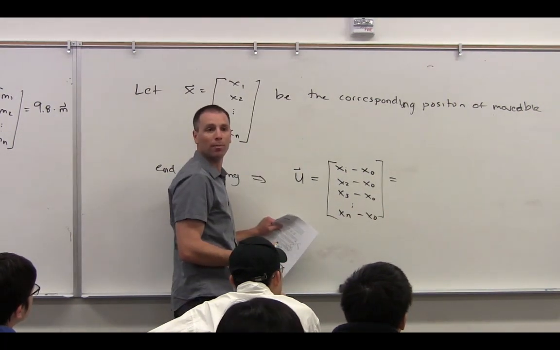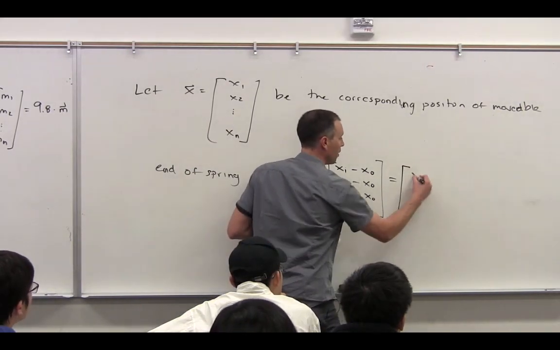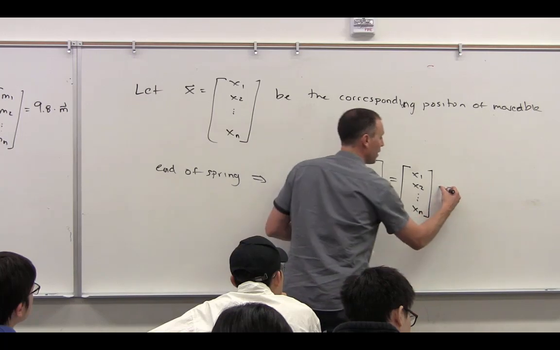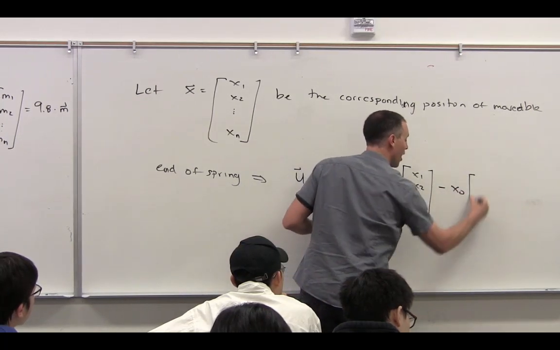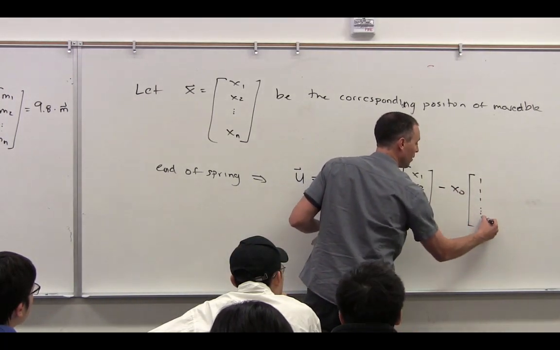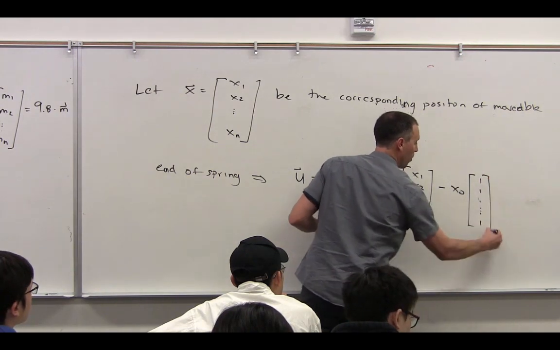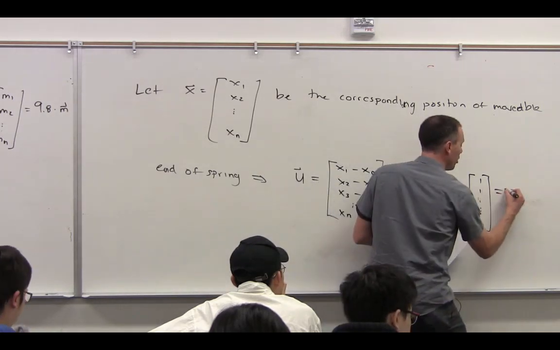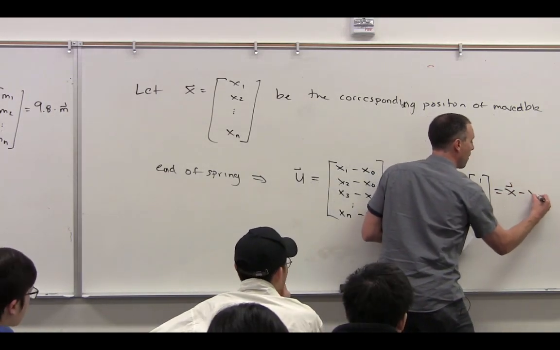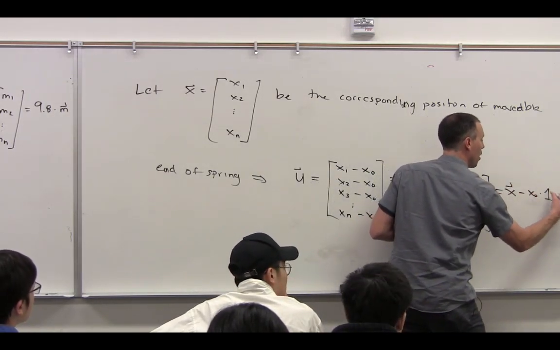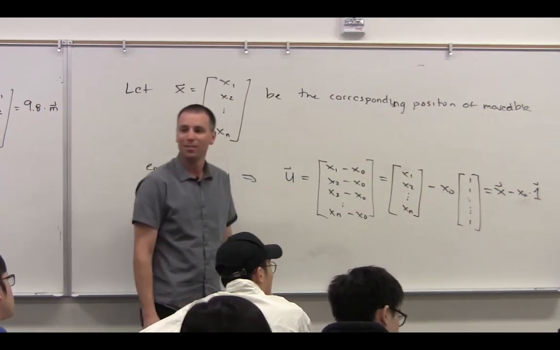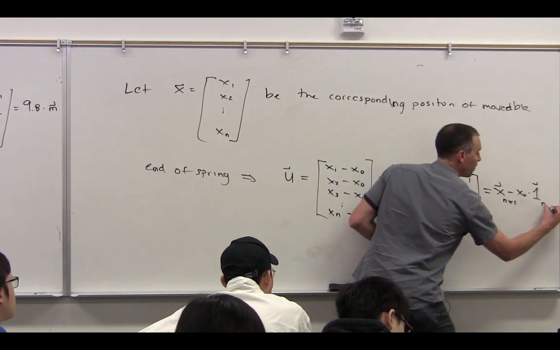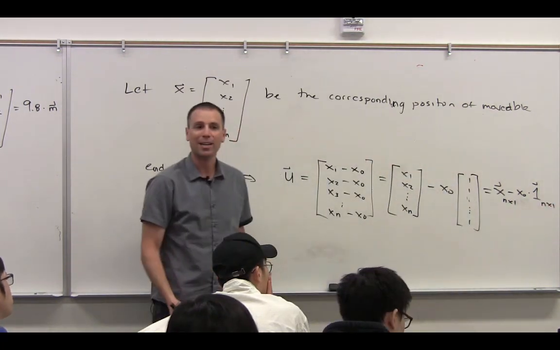Do you see a vector addition problem? What is this now? It's x1, x2, all the way down to xn, minus x naught times a bunch of 1s, right? Maybe we want to be a little bit lazy and say this is minus the initial position times the 1 vector, where that 1 vector is the same size as the x vector.